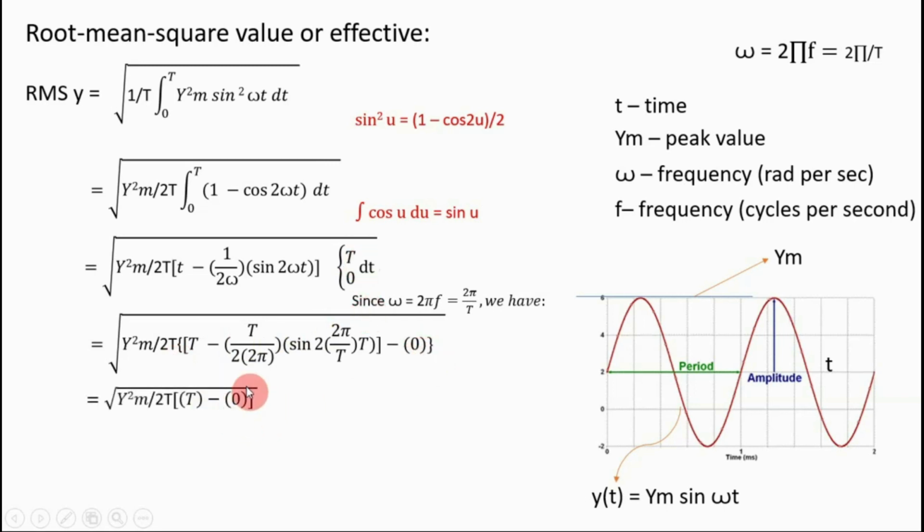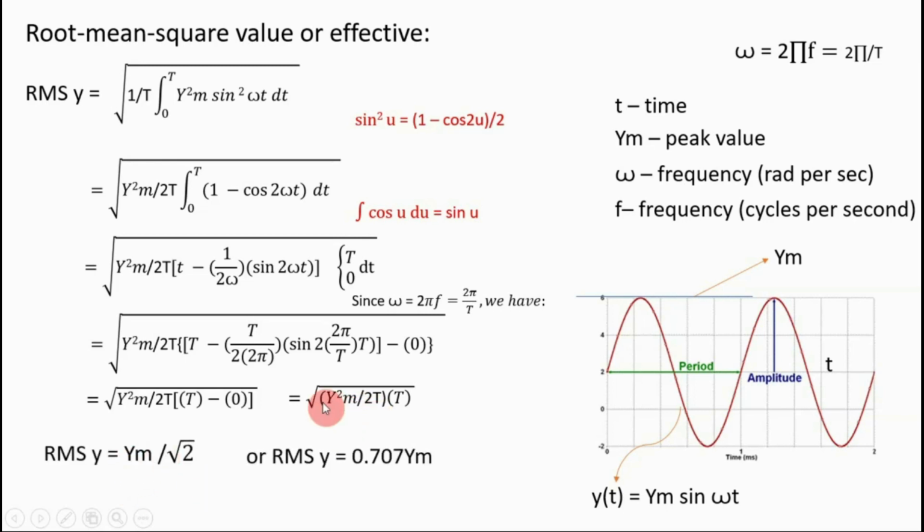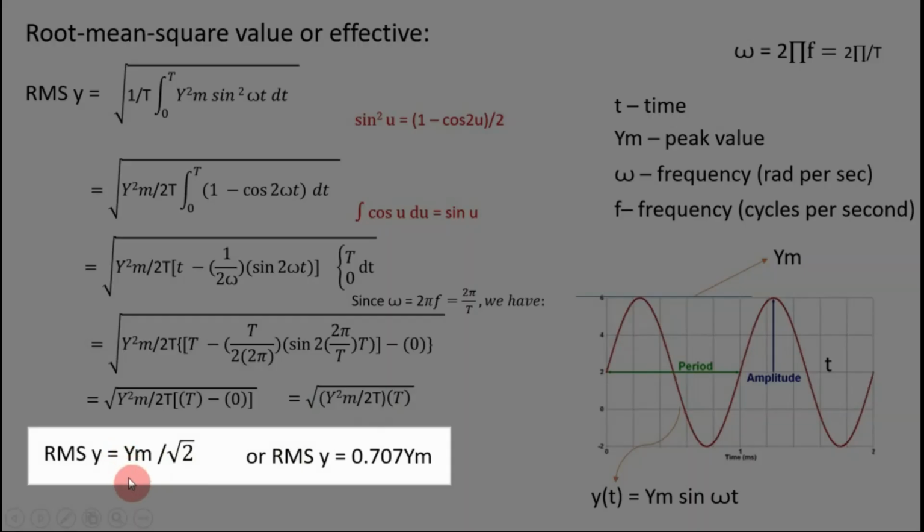Then for further simplification, ym squared over 2t times t remains, square root of that, and then you cancel out t and t. So what remains is this one. The square root of ym squared is ym, and the t and t cancel out, and the square root of 2 remains. So this is the RMS value for the sinusoidal waveform.